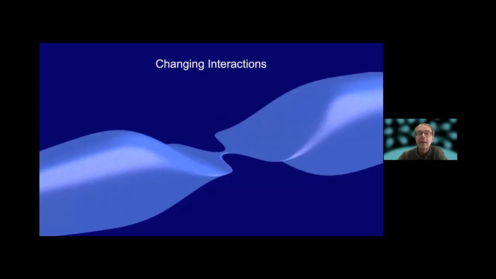Okay, so maybe to show you that these systems have a bit of a different character than electronic systems, and they can lead to surprises. In particular, we saw a surprise when we changed interactions. So when we go from weak interactions to a strongly interacting Fermi gas.